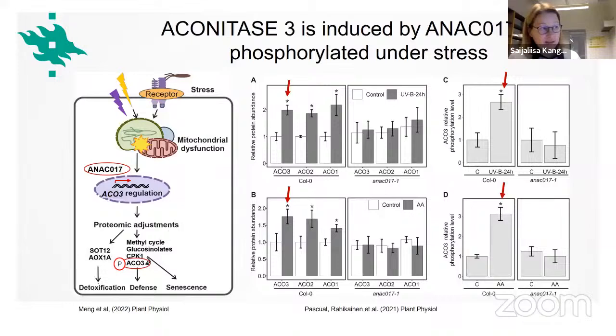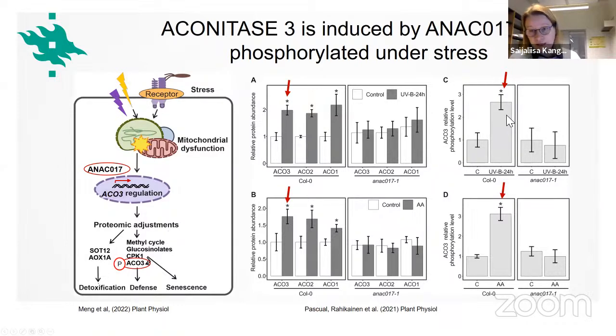And what we found, in line with the Wieland identification of this aconitase 3 as a target for the stress-inducible transcription factor, is that the protein abundance increases in response to stress, but also the phosphorylation level of aconitase 3 increases in response to stress.